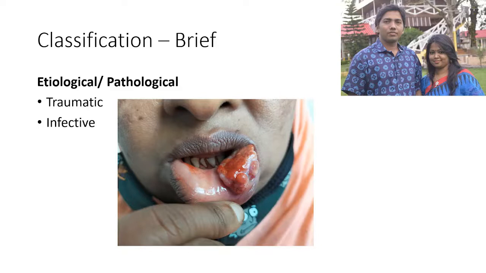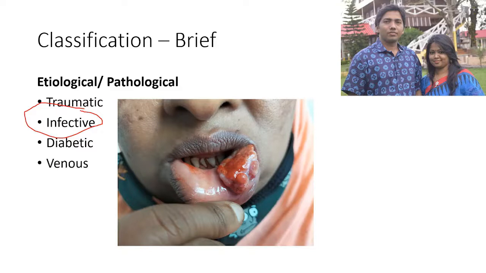If you think of our GIT system, in the stomach or first part of the duodenum, Helicobacter pylori may cause gastric or duodenal ulcer. The ulcer can be diabetic also, and it is more common in diabetes mellitus patients.